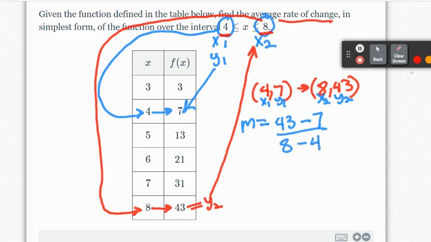And then our job is to work it out and simplify if possible. So working this out is going to give me 36 divided by 4, and that further reduces to be 9. So the average rate of change, the slope between those two coordinates on this interval from 4 to 8, is 9.